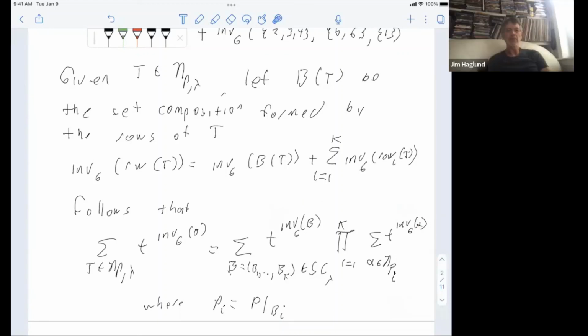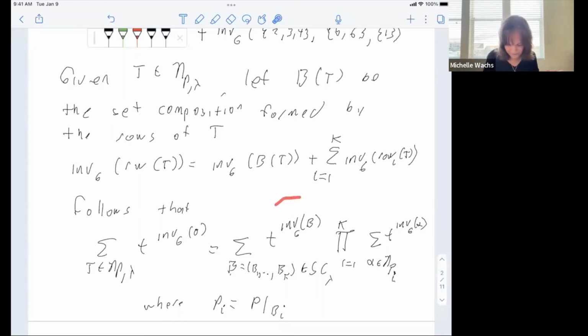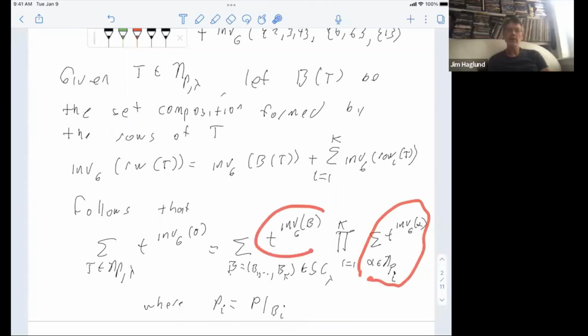I see. So you'd need a different decomposition. Maybe, yeah. If you rearrange these B's, then the inversion changes, but these terms don't change, so you'd get a different center of symmetry.